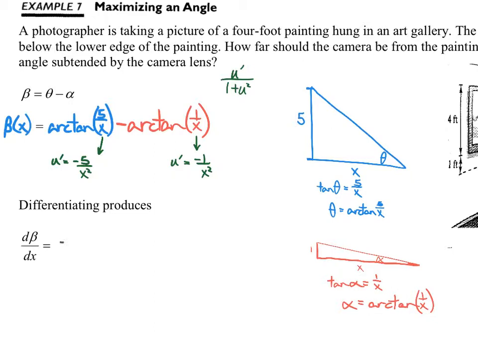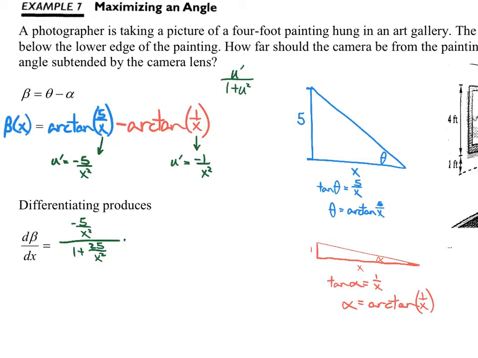Okay. So you have a 1 plus 25 over x squared on the bottom. On the top you should have a negative 5 over x squared, right? Because it's u prime over 1 plus u squared. Now, what's a quick and easy way of simplifying that? Times by x squared.